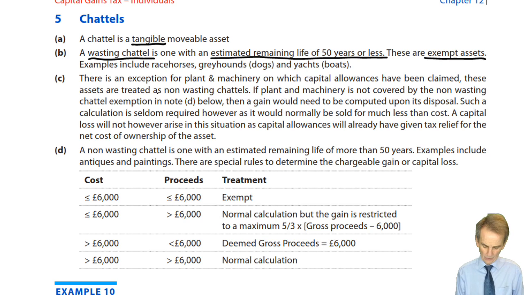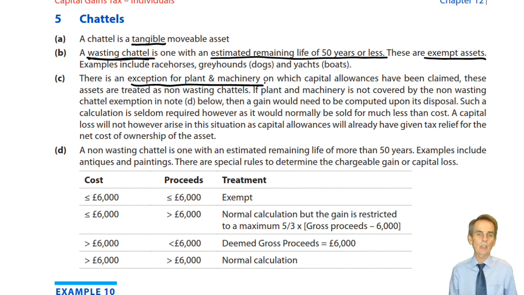One other issue here while we're on this subject, there is, in the case of wasting chattels, an exception for plant and machinery. Now, clearly plant and machinery is tangible, movable property there. And it's likely to have, when disposed of, an estimated remaining life of 50 years or less. A lot less, we would imagine there.